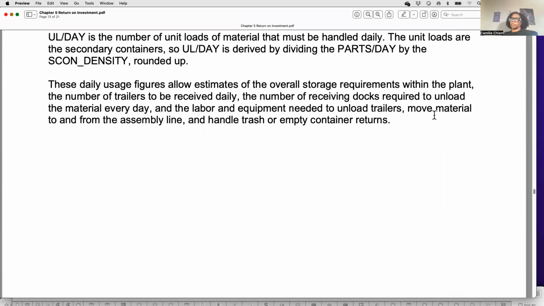So remember early on in chapter 1, we talked about making sure you have enough space. Because on average you have 400 truckloads coming in, but regardless of how many you have coming in, you just want to make sure that you have accounted for how many trailers are coming in, how much material you're using, and how much material is going back and forth and being delivered and empties picked up at any given time.